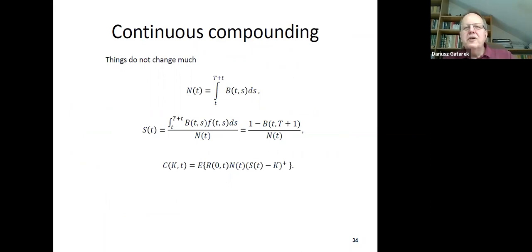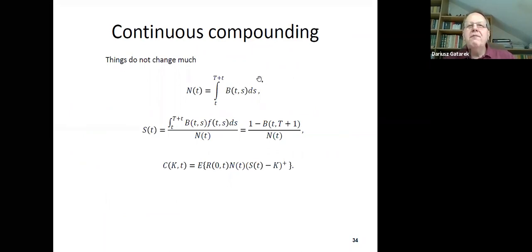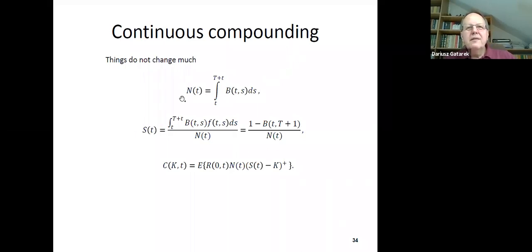And when we make numerics and we have to discretize, we are back at the starting point. So that's only to have differential equations. And so this is the annuity and swap rate in that form.